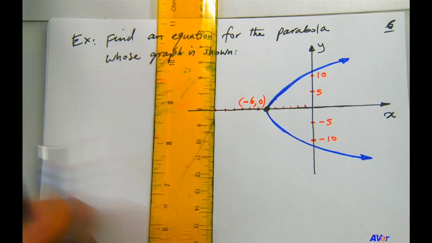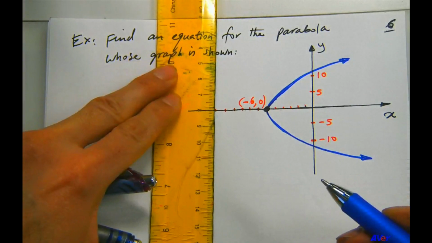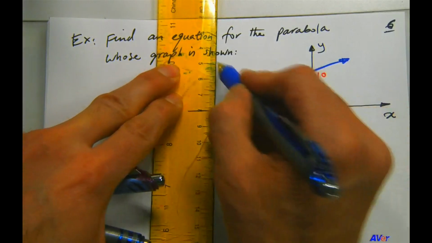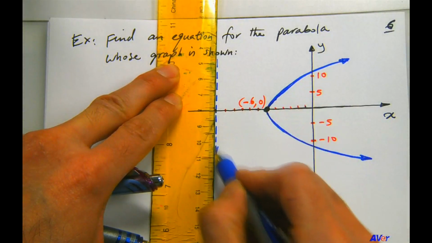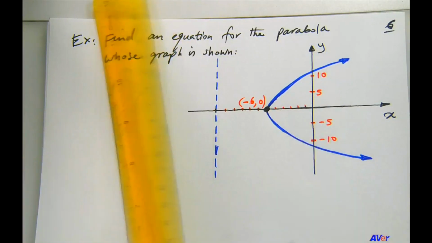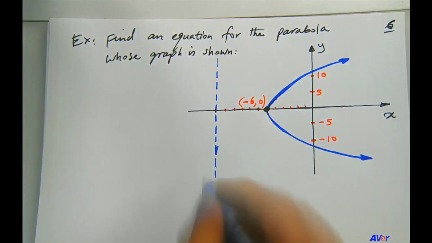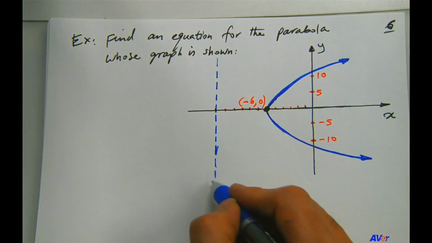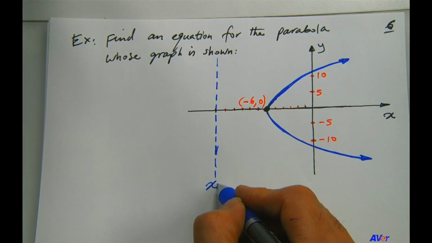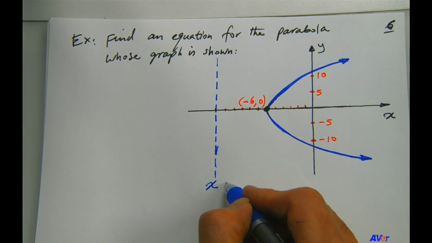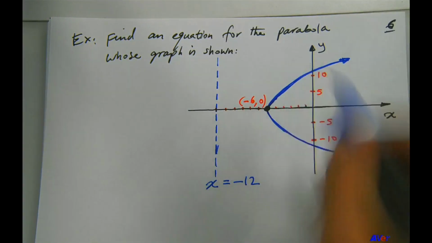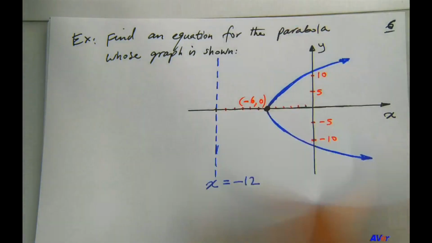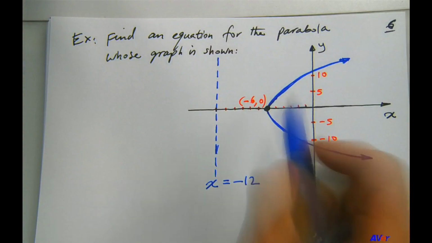And the equation of this directrix, of course, is x equals minus 12.